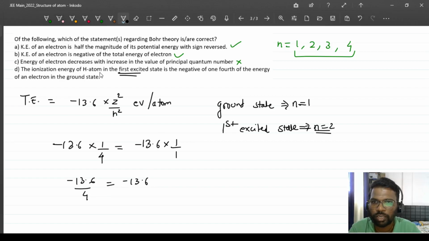So the ionization energy of the hydrogen atom in the first excited state is one fourth of the energy of the electron in the ground state. So options A, B, and D are correct.